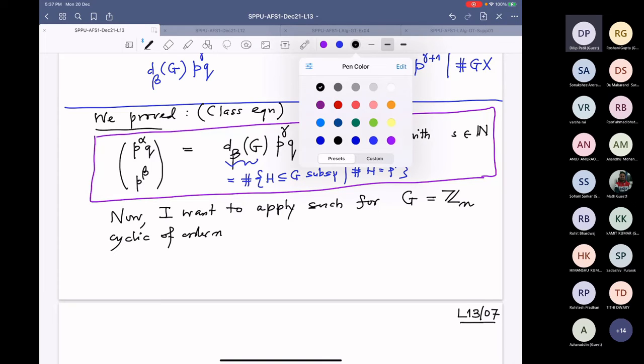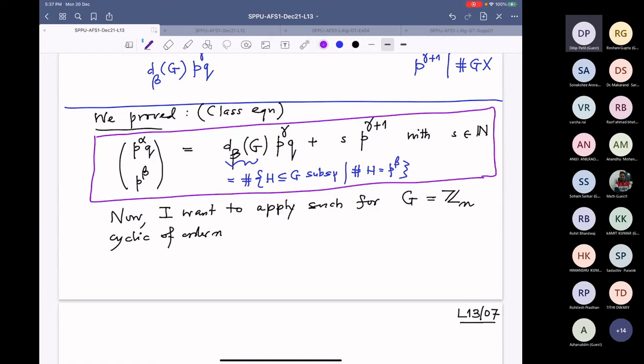And why do I want to do that? Because in this case, we know beforehand what is d beta z mod n. Can you tell me what is d beta z mod n?